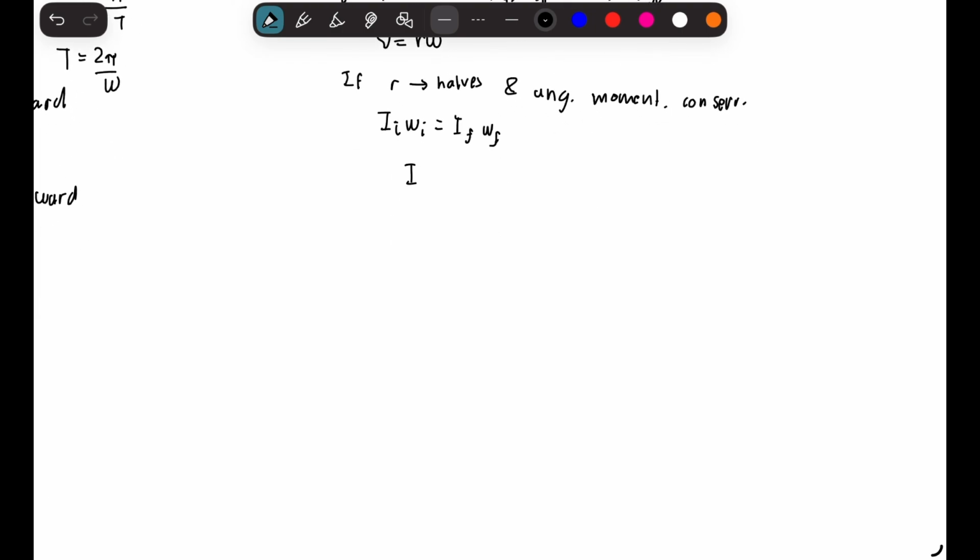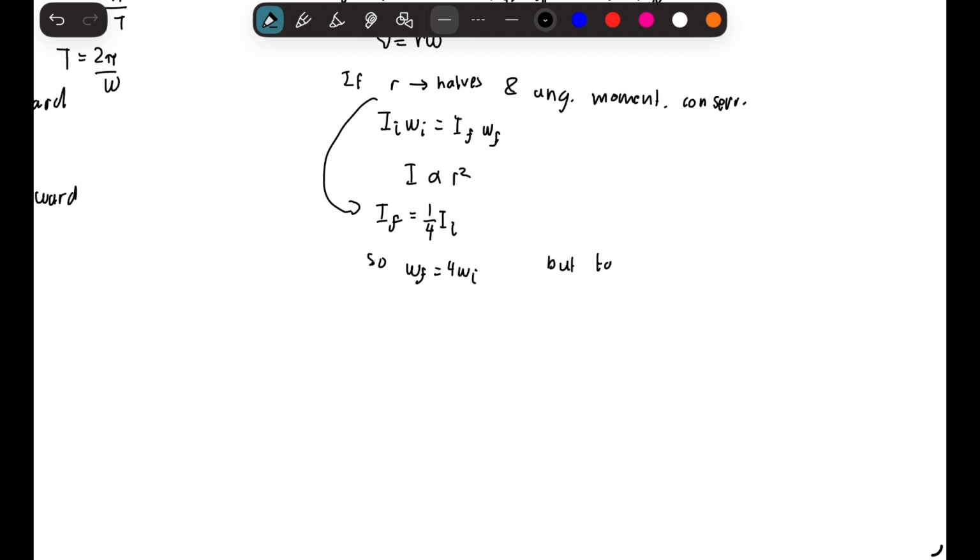Since we know that I is going to be proportional to r squared, that means if radius halves, you have this. So that means that omega f is equal to 4 times omega initial.